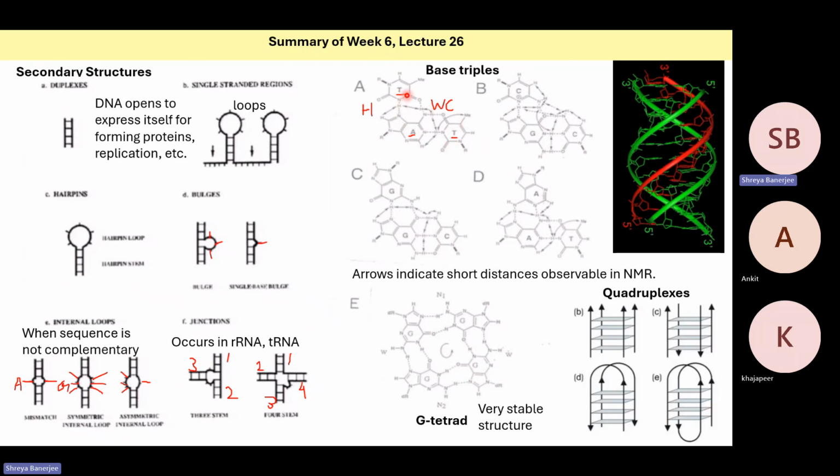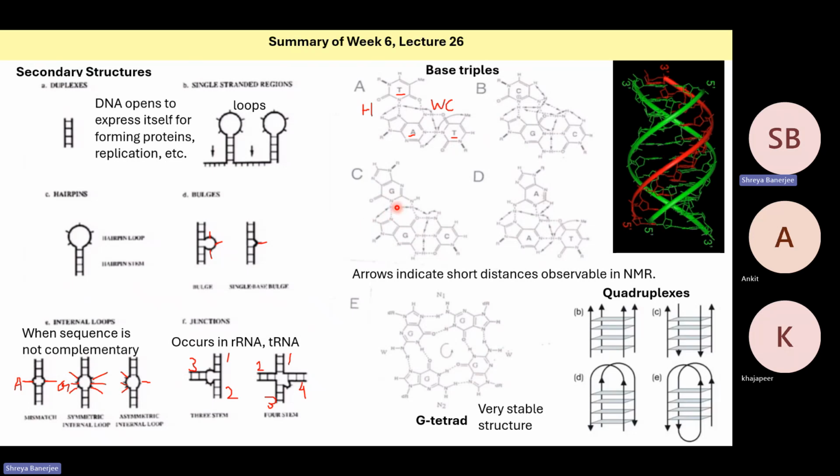This is a TAT triplex. You can also have CGC, GGC, or AAT. Different kinds of triplexes are possible. What these arrows indicate is that, remember studying about NOESY, when two protons are less than 5 angstrom distance from each other, the two protons will show a peak in the NOESY spectra.